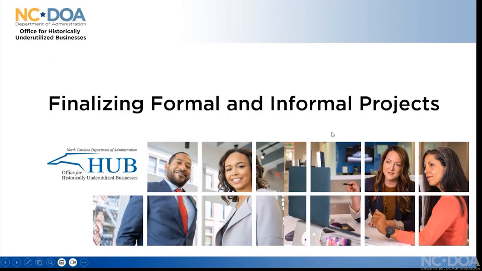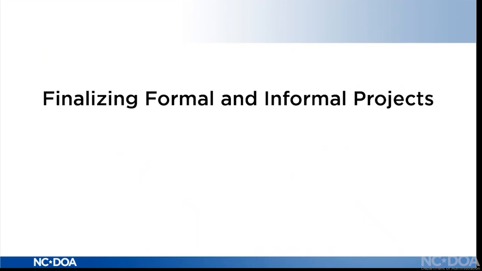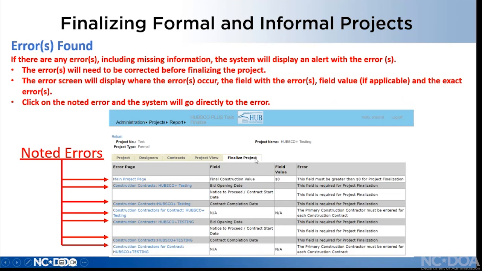And once you're ready to finalize it, you think, hey, I think I've entered in everything that I need to. I'm ready to get this off my desk. Go to finalize form, and we're going to finalize those. You go to finalize project tab. Once you click on that, it will bring up any errors that it recognizes and give you the opportunity to say what error page it was, what's the field that has the problem, what's the value that it sees, and what the error is.